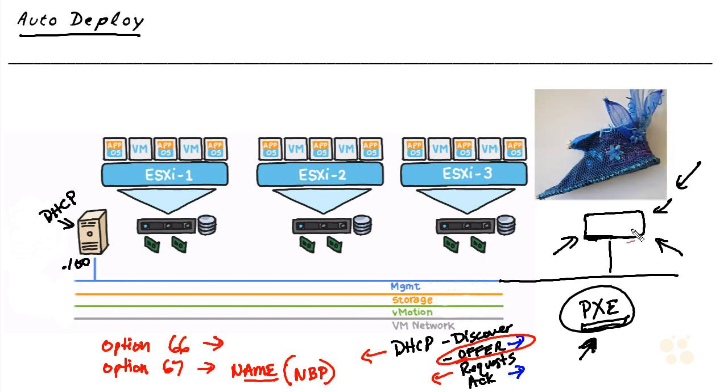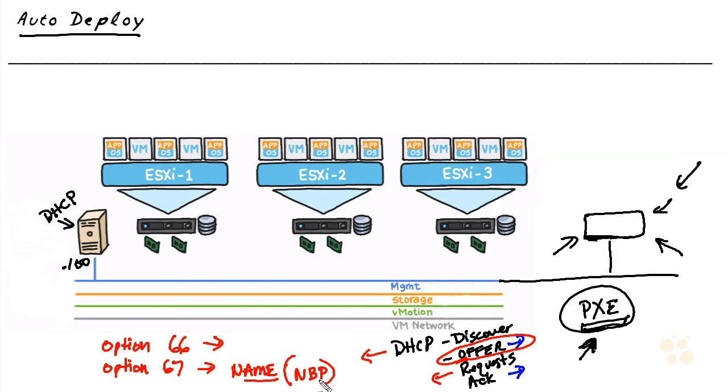And one of the challenges is that this device is booting up. If you provide it the name of a file, the Network Bootstrap Program, and in a VMware environment, it's going to be one specific for VMware, it needs to know where to go ahead and get that from. So option 66 is going to be the name or IP address of the server. Specifically the IP or name of the TFTP server, that's the home to that file.